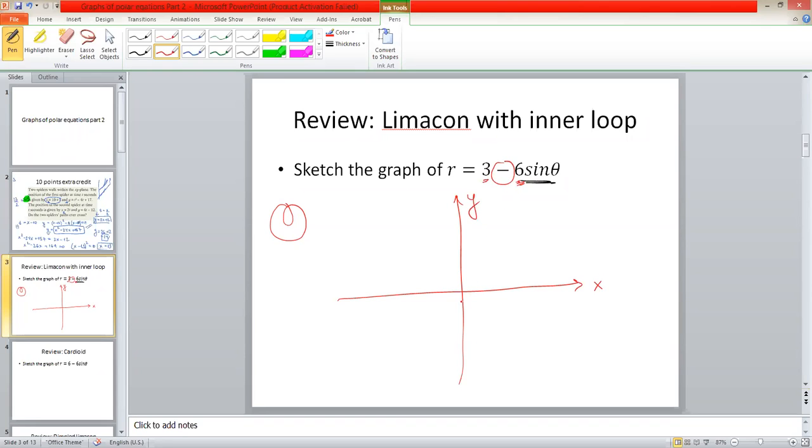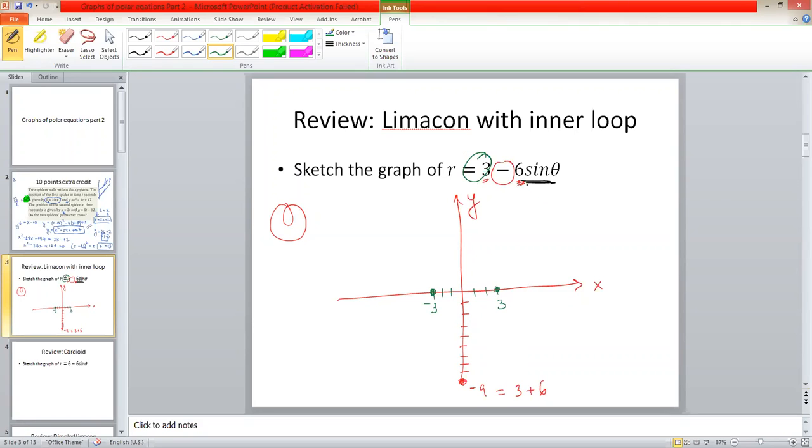I'll go 9 units down. I will then go 3 units to the left, 3 units to the right. And this will be my x-intercept.